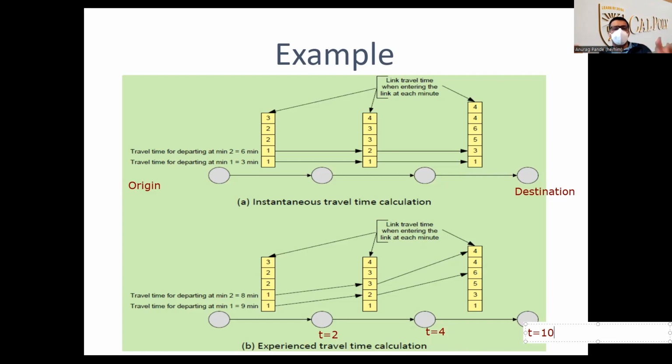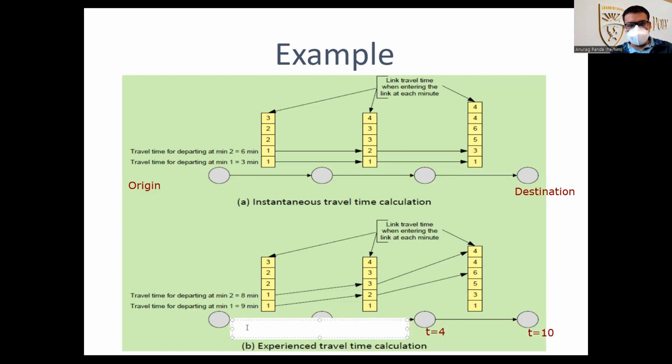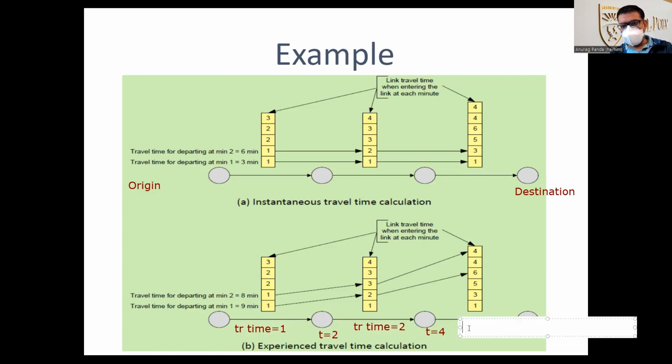There is another way of getting the travel time, obviously. Another way of getting the travel time would be to take the travel time equal to 1 on this link, and travel time equal to 2 on this link, and travel time equal to 6 on this link.